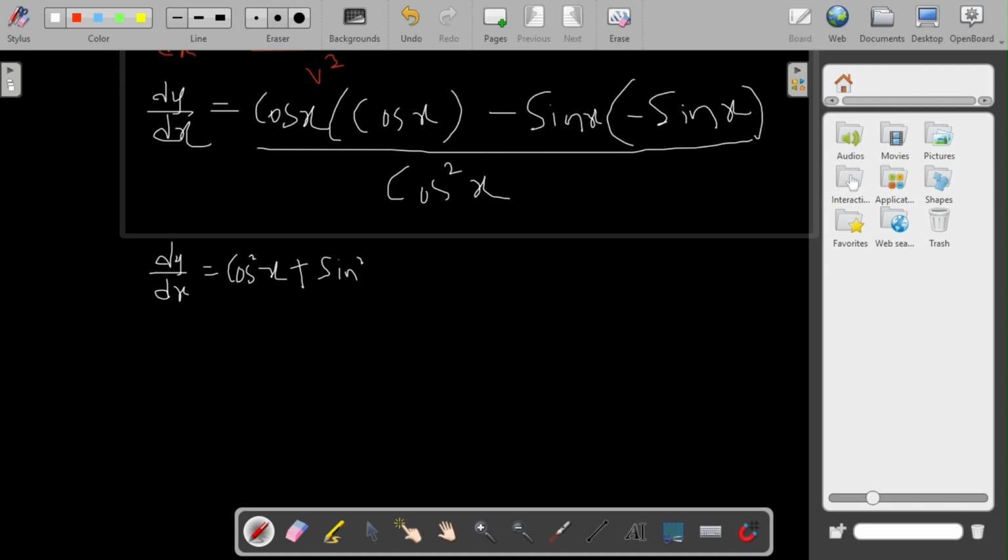So you have plus sine squared x over cos squared x. At the end of it, from trigonometry identity, cos squared x plus sine squared x gives you what? 1. So this is 1 over cos squared x.